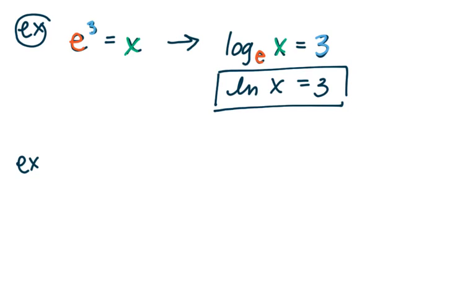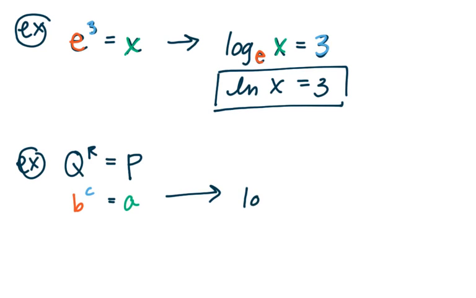And we'll do one more example. q to the r equals p. So how would I convert that into a logarithm? Remember, if we have b to the c equals a, then that is going to become log base b of a equals c.